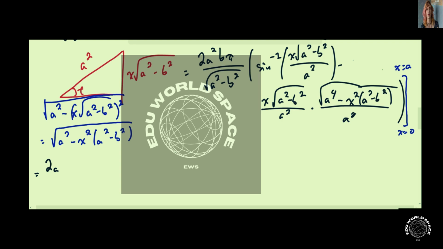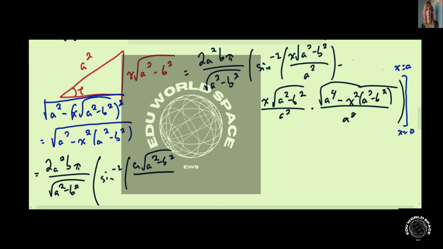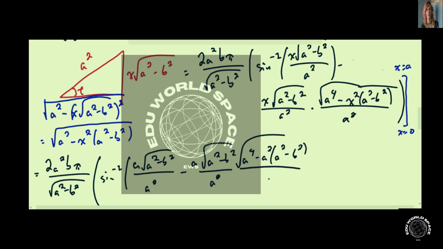So that would be 2a squared b pi over the square root of a squared minus b squared times arc sine of a root a squared minus b squared over a squared minus a root a squared minus b squared over a squared times root of a to the fourth minus a squared times a squared minus b squared over a squared.